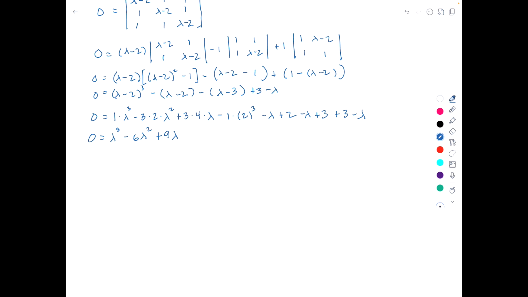And then the constants, I think, zero out. So we'll have negative 8 plus 8. So they zero out. And so then we'll get 0 equals lambda times lambda squared minus 6 lambda plus 9, which is lambda times lambda minus 3, the quantity squared.